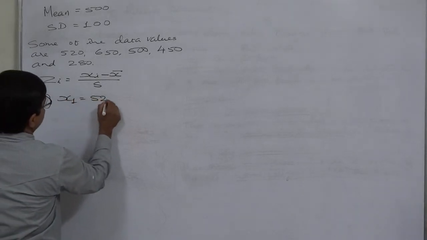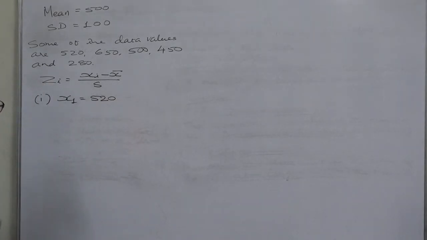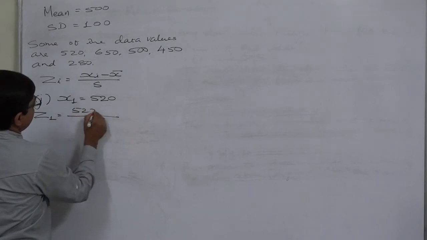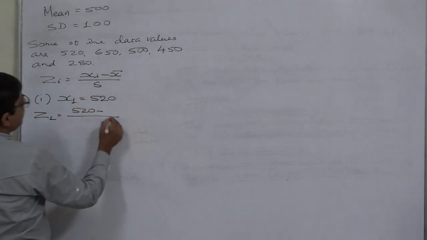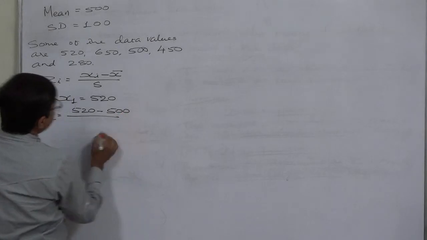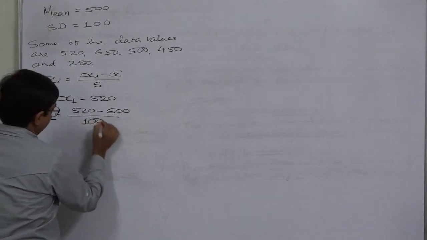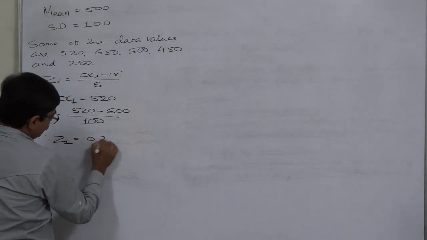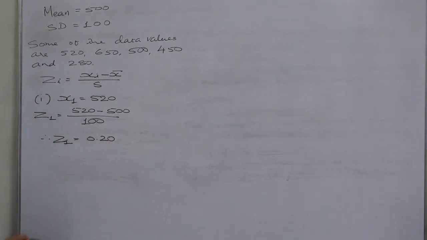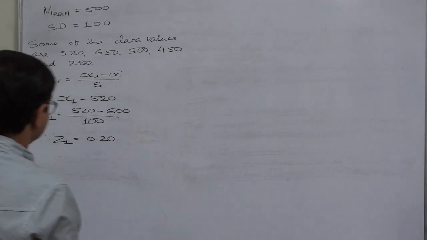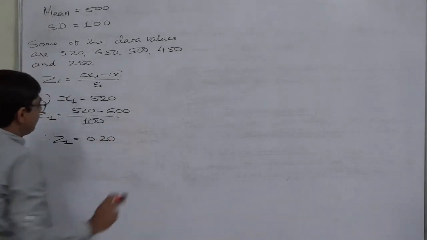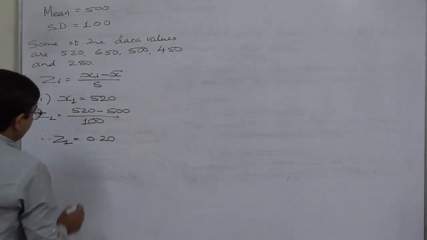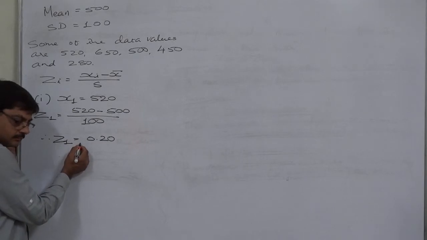Let us take data value 520 and calculate z. For 520, z will be 520 minus the mean 500, divided by the standard deviation 100. 520 minus 500 is 20, divided by 100, so the first z score comes to 0.2. First of all, what is the sign of z?